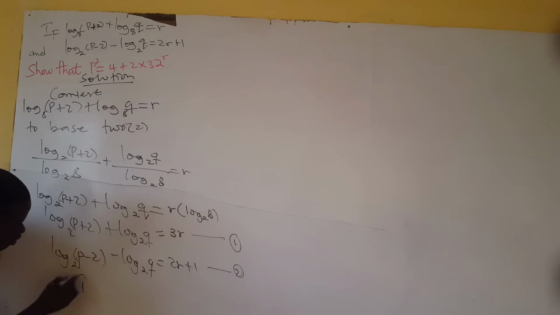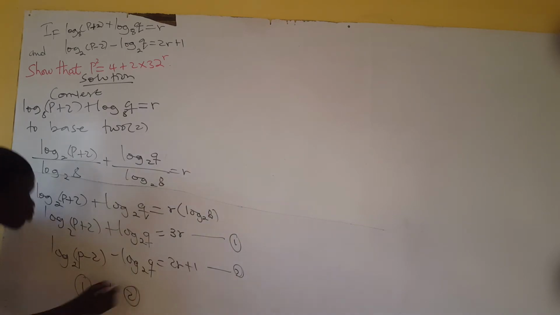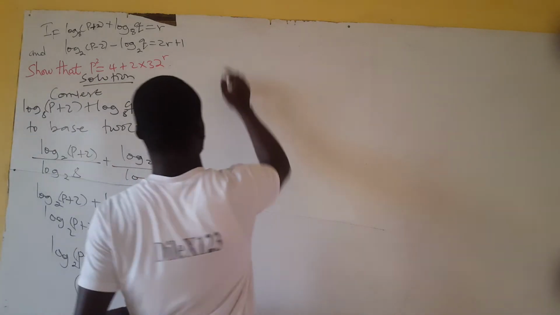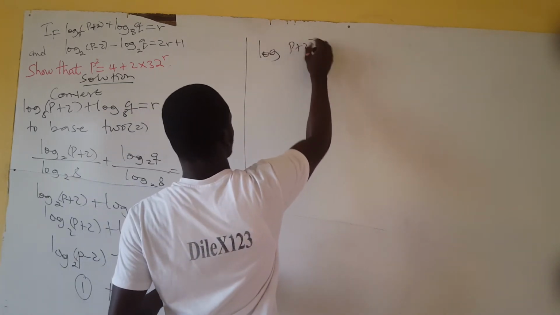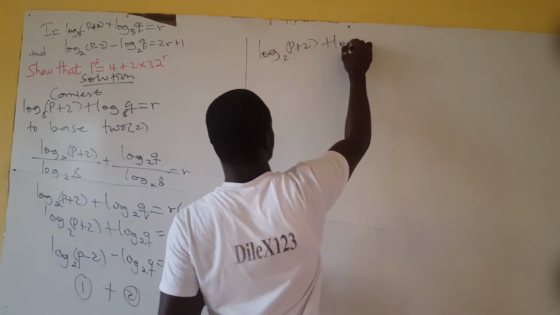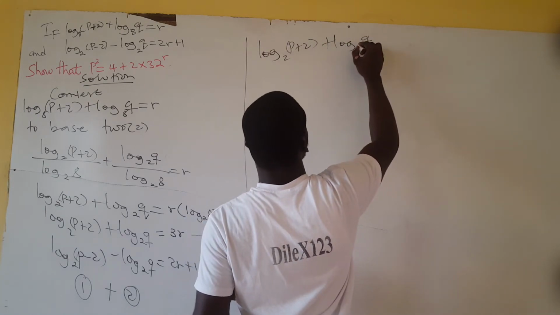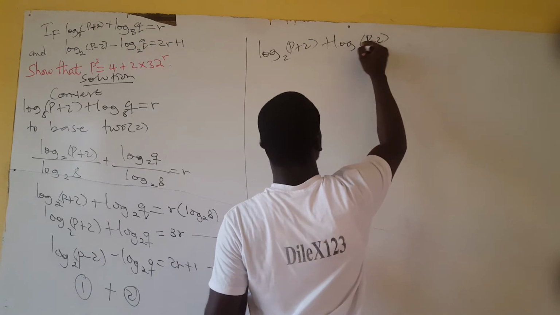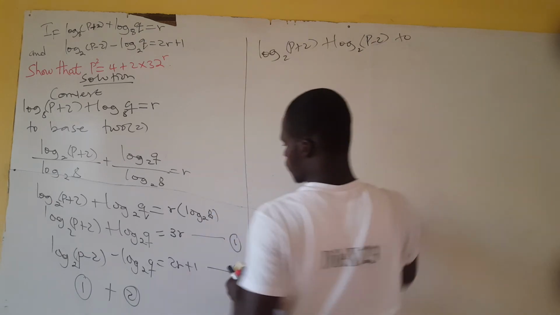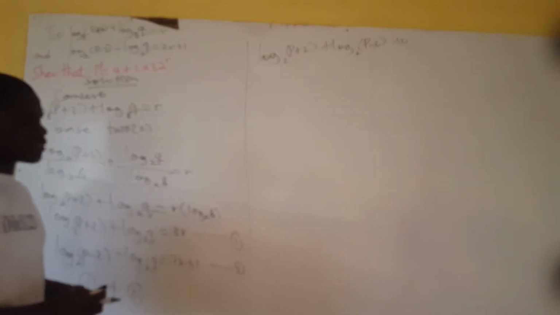So equation 1 plus equation 2. When we add that, we will have log (p plus 2) to the base 2 plus log (p minus 2) to the base 2 plus 0, because log q plus negative log q is 0.